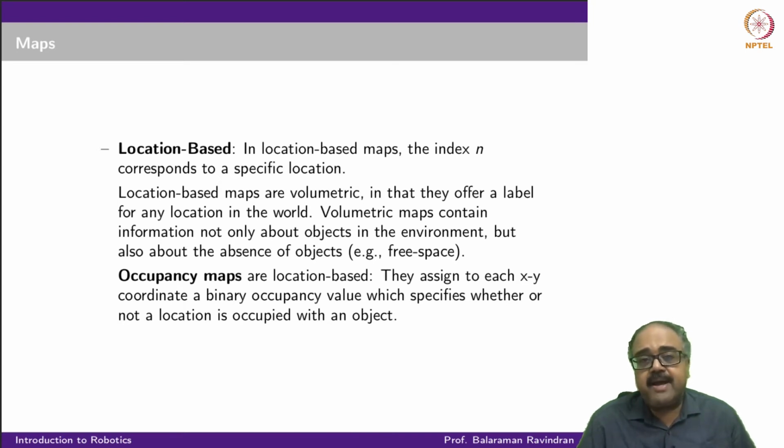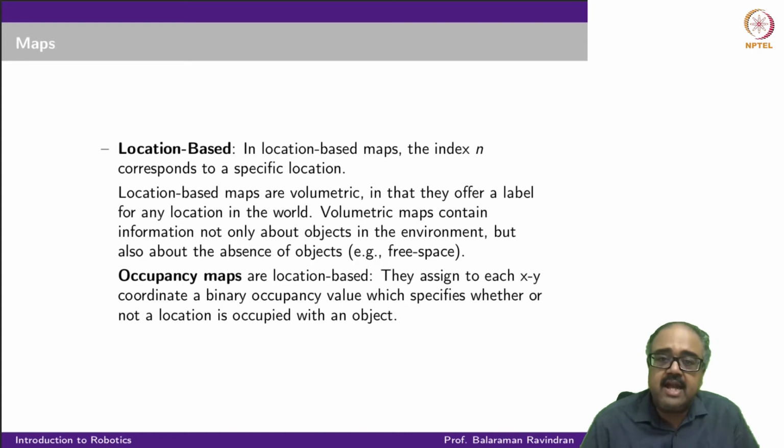Like in a feature-based map, each mi corresponds to a specific object or a specific feature that I want to map. In location-based maps, each mi corresponds to a specific location. We call these location-based maps volumetric maps, in the sense that they offer a label for any location in the world. In feature-based maps, you don't get that.